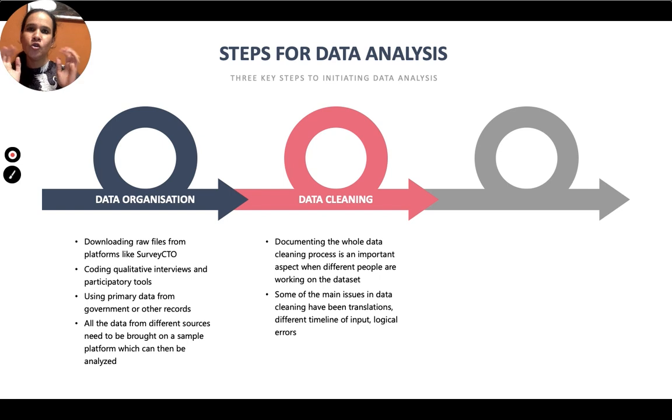The next thing is data cleaning, and I will be showing you an Excel sheet here of the usual and common things that come up when you start data cleaning. But before starting any analysis, please ensure you have done 2 to 3 rounds of data cleaning. When I say data cleaning, it could be that when you're asking qualitative questions, the answers are written in another language, in Hindi or Gujarati.